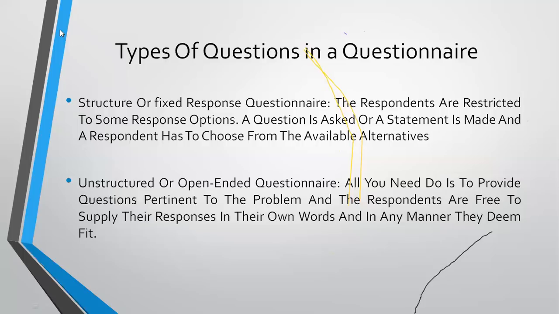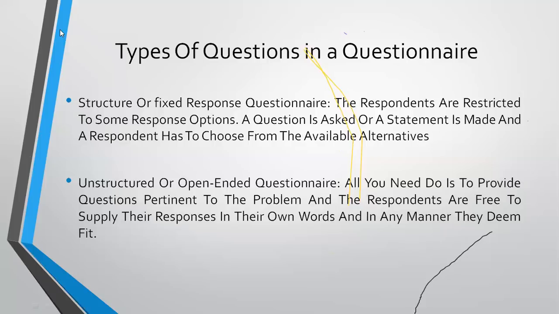For the types of questionnaire, you can have different types. You can have, the types of question in a questionnaire, not types of questionnaire. You can have structured or fixed response questionnaire.